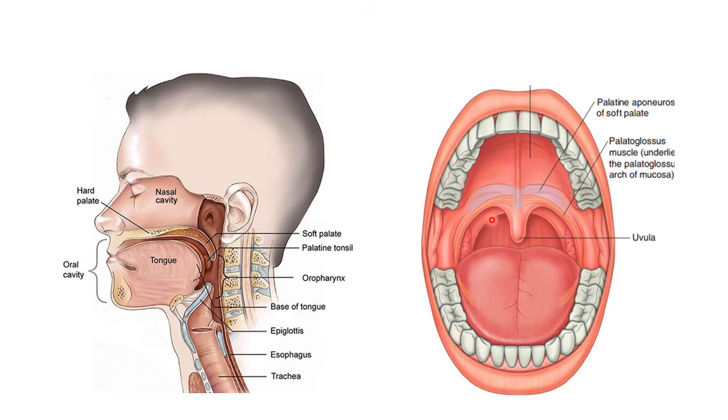This anterior fold forms the anterior boundary of the tonsillar fossa, while the posterior fold forms the posterior boundary of the tonsillar fossa. It is also called the anterior pillar, and this is called the posterior pillar. The soft palate is made up of a fold of mucous membrane enclosing 5 pairs of muscles.